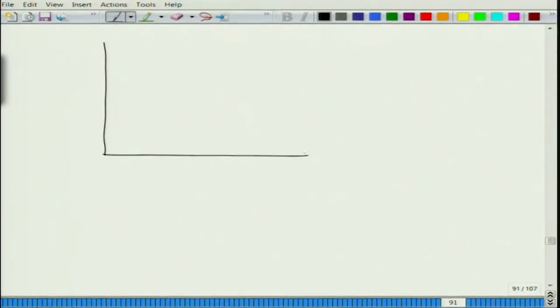Okay. So, let me try to draw this curve more clearly. So, usually the curve takes the shape, it is more or less flat and then comes down and then drops sharply. So, this is typically the shape of the IV curve.